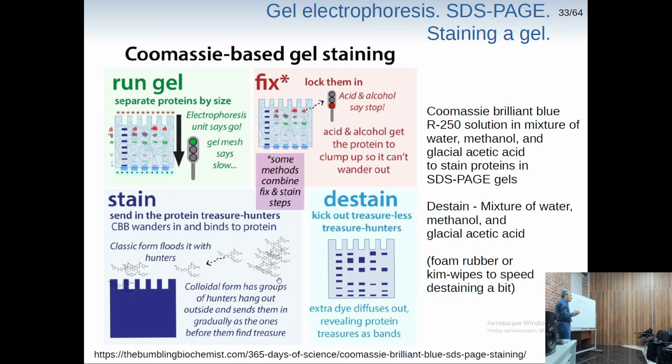If you add to this solution either Kimwipes, those paper sheets, or some foam rubber, it has the same groups as our proteins, and this dye will stick to it, and your solution will be colorless again.